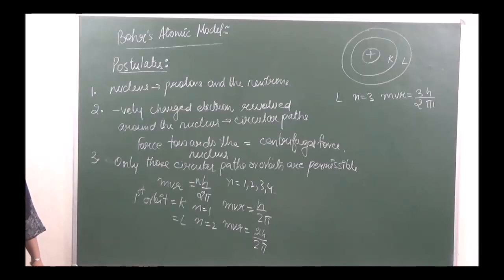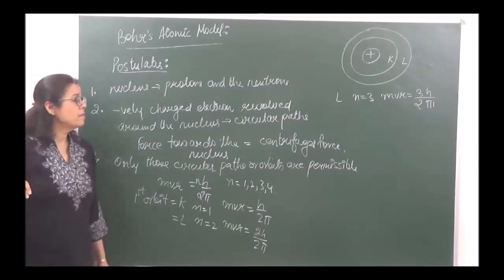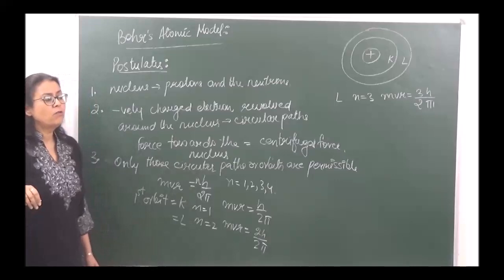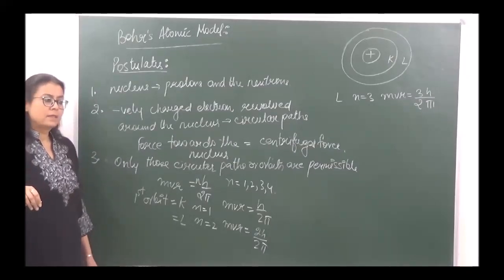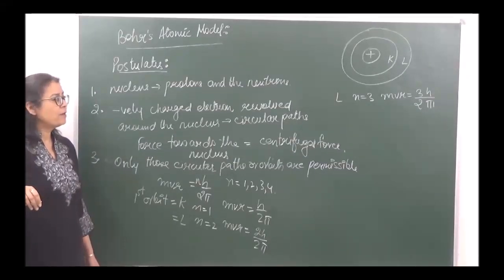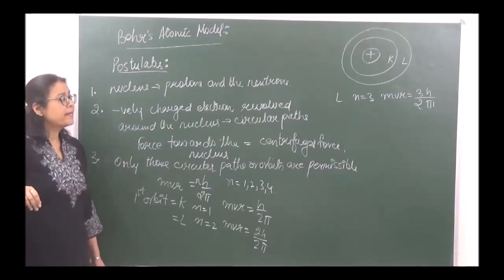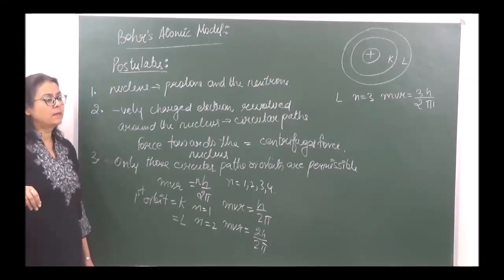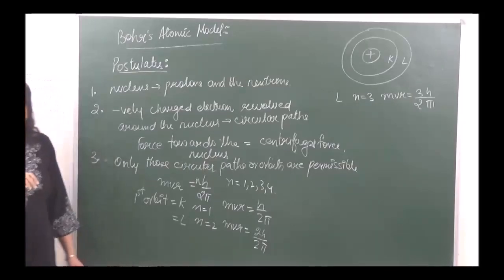So this is how he said that only those orbits are going to be permissible which have a value of angular momentum as an integral multiple of h upon 2 pi. It cannot be 1.5 h upon 2 pi or 2.5 h upon 2 pi. It has to be an integral multiple. So this was the third one.